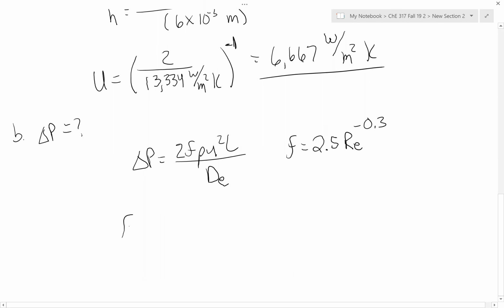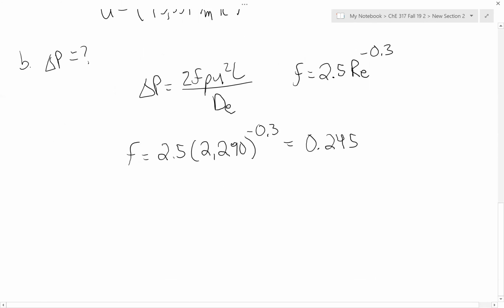So for this, we have f equal to 2.5 times 2,290 to the negative 0.3 power, or our friction factor is 0.245.